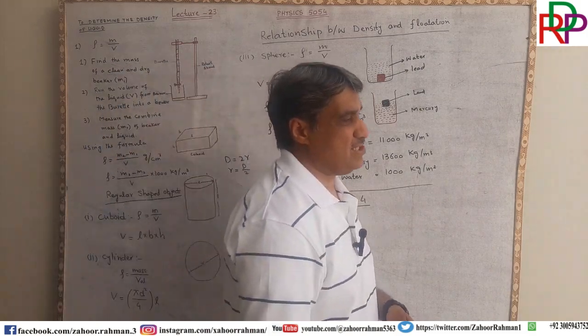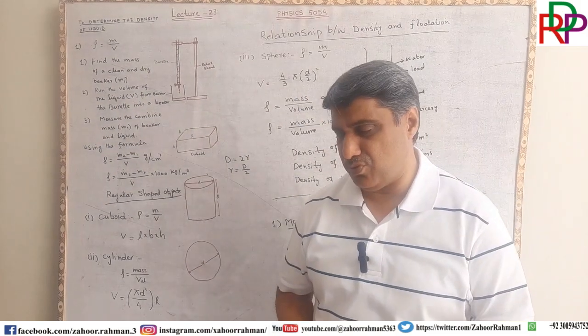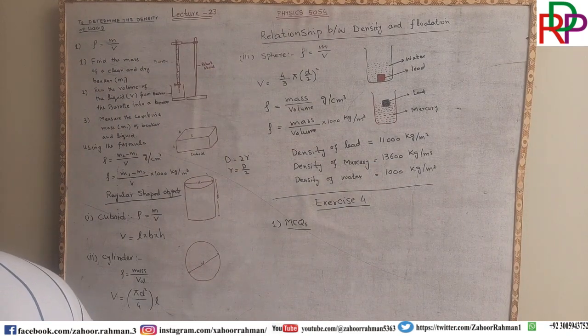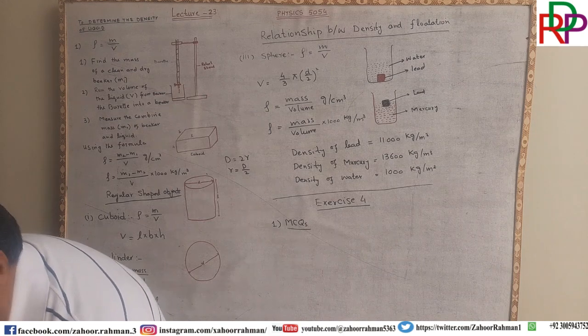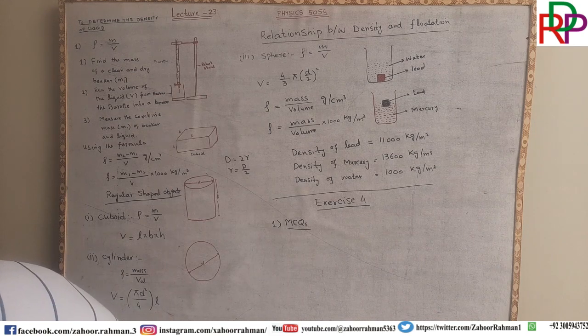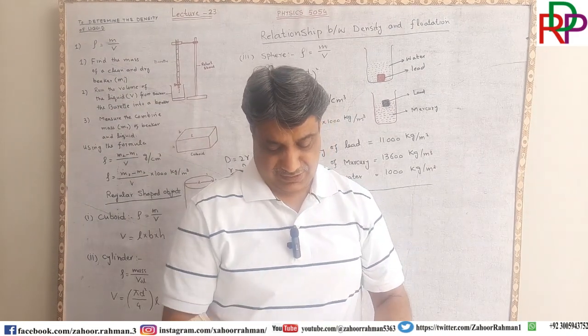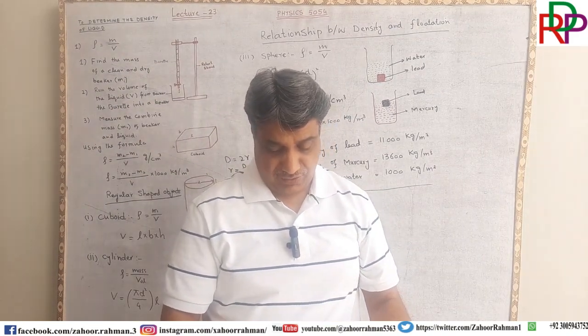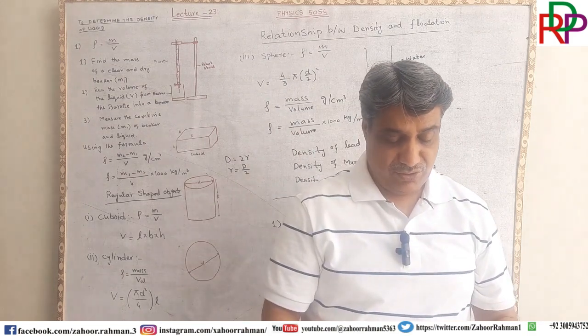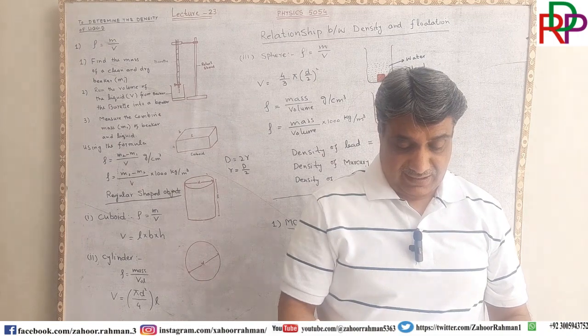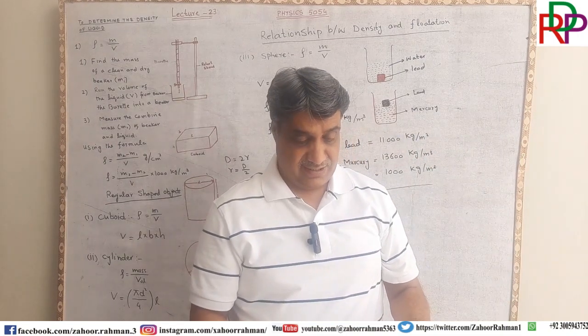Multiple choice questions mean that they will give you four answers and then you have to respond. This is section A, and you can see that from the questions.